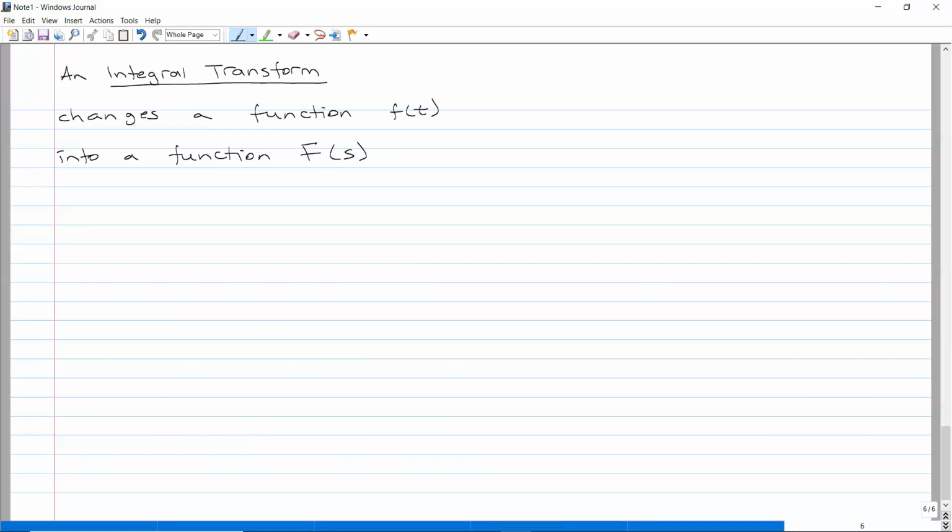We have a different variable S. Since it's an integral transform, we do it by means of an integral using a function.